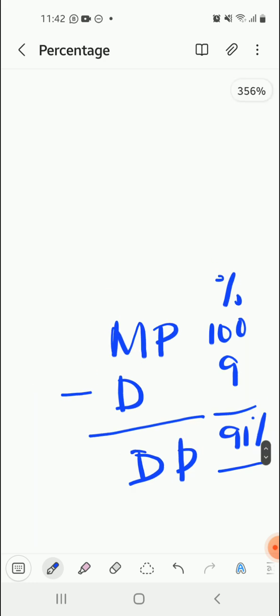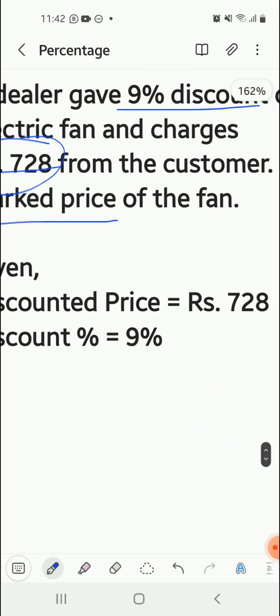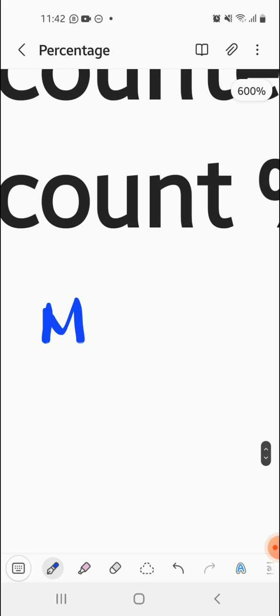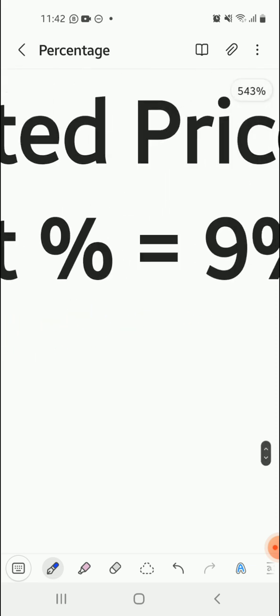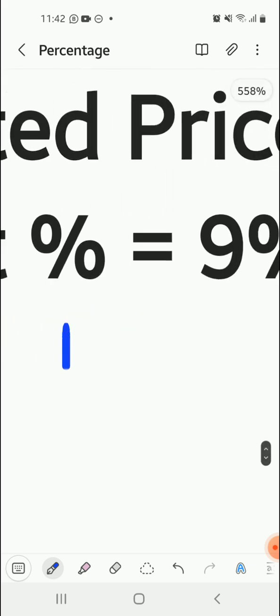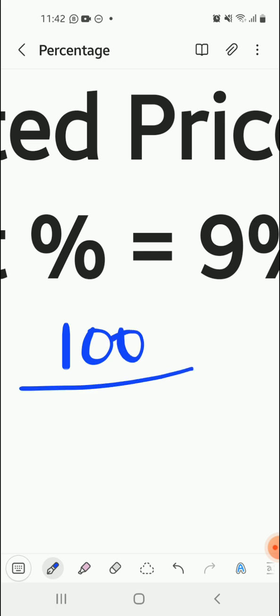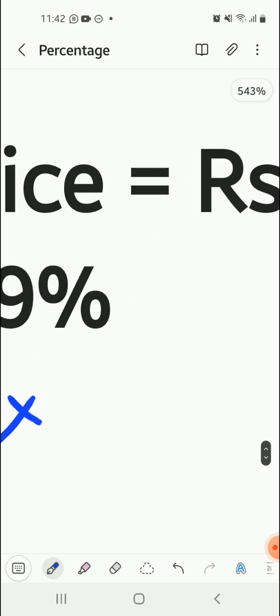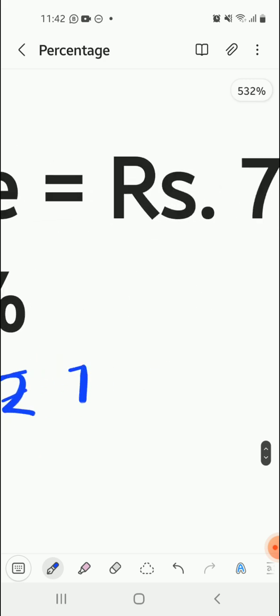So the discounted percent is actually 91% and marked price is taken as 100%.